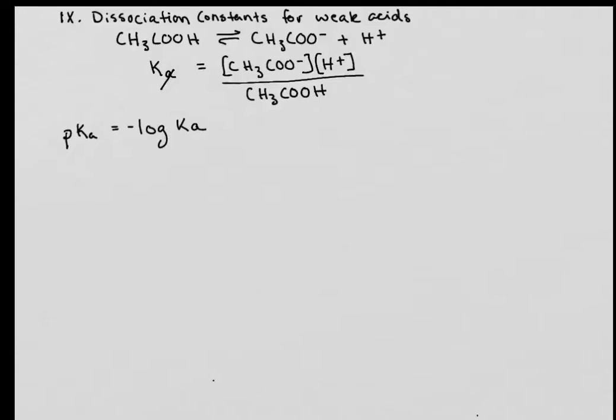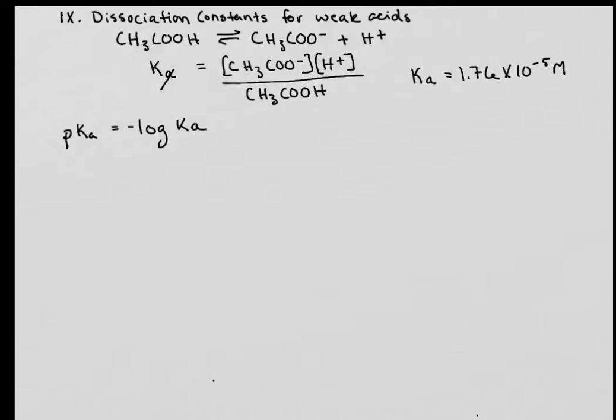And of course, this enables us to deal with values that are less cumbersome. Now, Ka is experimentally determined, and in fact, we know this value for acetic acid. The Ka is equal to 1.76 times 10 to the negative fifth molar.